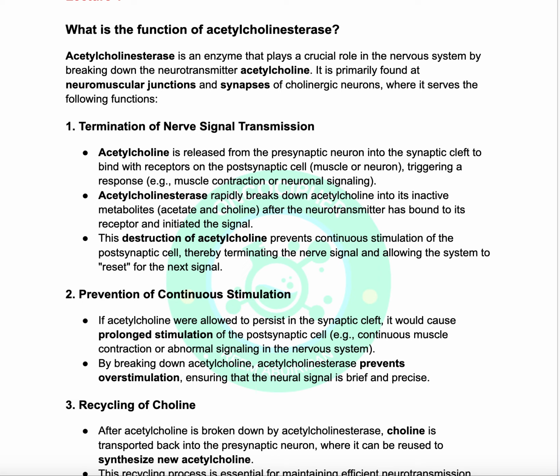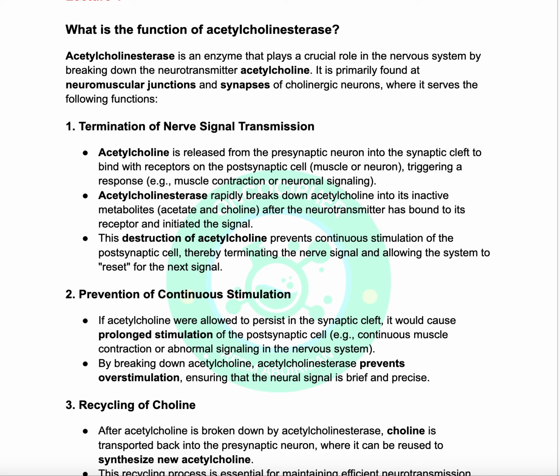So the first part, I just explained the functions of acetylcholine. So we have a presynaptic neuron, and a postsynaptic neuron or a cell like a muscle, and in the middle there's something called the synaptic cleft.